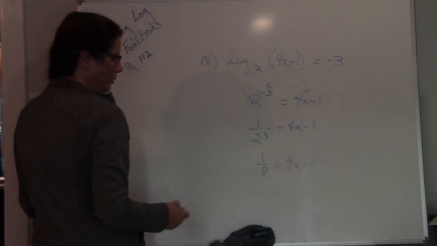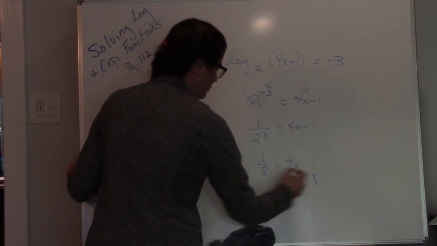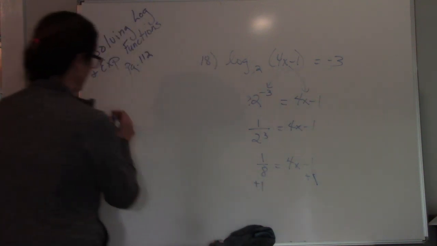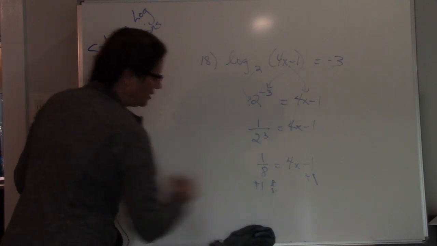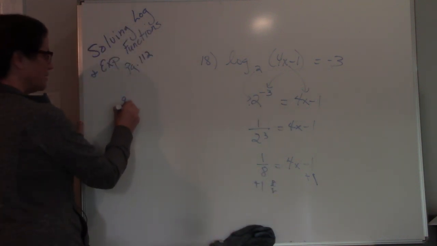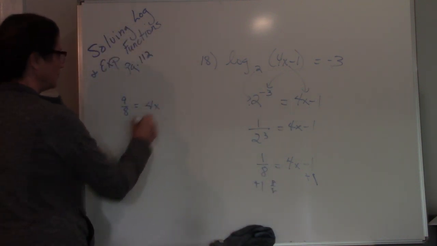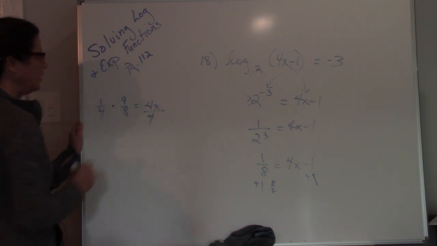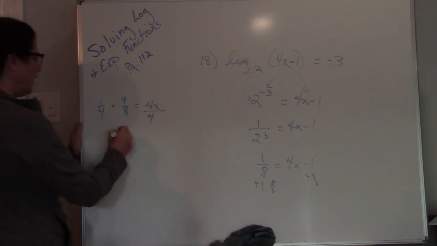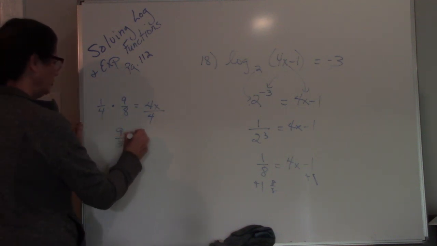Now I have a two-step equation. I'm going to add 1 to both sides. I'm going to finish it over here. So I have this 1 can be written as 8/8. So I have 9/8 equals 4x. Divide both sides by 4, which is the same as flipping it and multiplying. So my answer is 9 over 32.